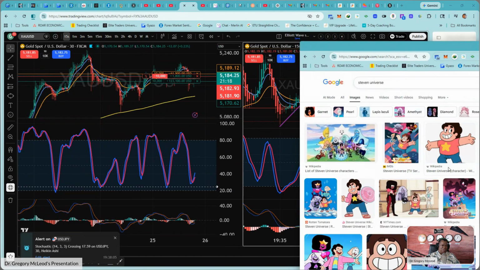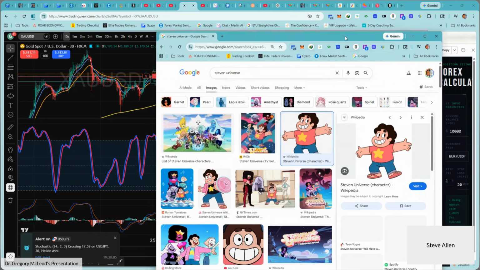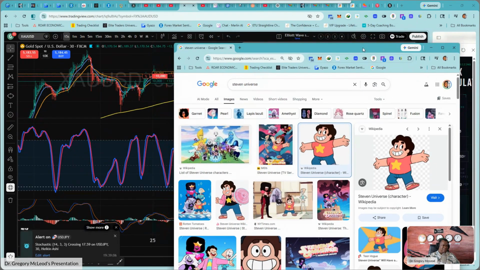Steven Universe is interdimensional friends. I feel like I'm in another dimension sometimes. Yeah, his last name is Universe. His dad drives a converted 1970s van.